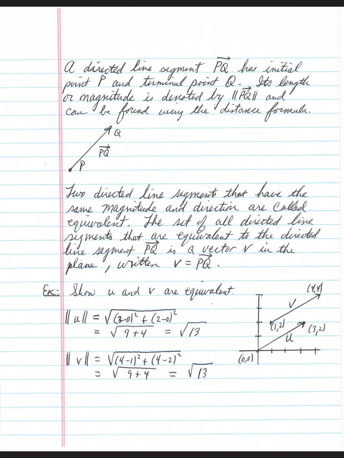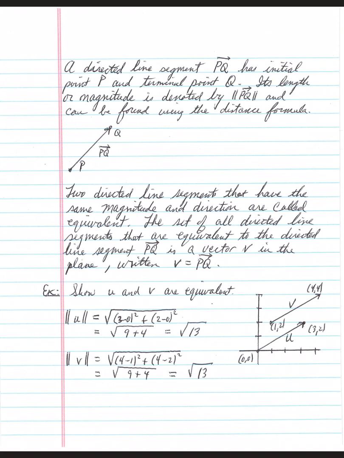So now we just need to make sure that the length of each one is the same. When you get ready to calculate that, for vector U, that's this bottom one, we have the square root of x2 minus x1 squared plus y2 minus y1 squared. That's 9 plus 4, which is 13.